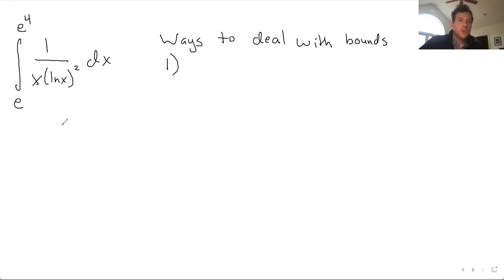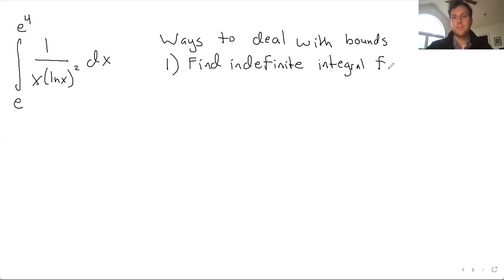The way that we actually do this is, well, there are two ways. Either one works. It comes down to what you like. The first way is to find the indefinite integral first. Meaning, forget about the bounds, just do u-substitution in the way we've been doing it. And then once you know that antiderivative, go back and use that fact in the fundamental theorem of calculus.